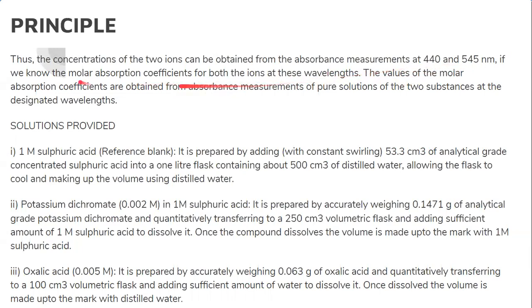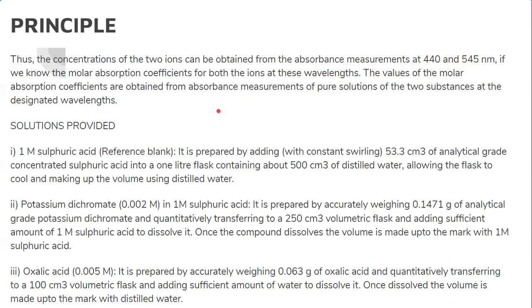Thereby we can find the molar coefficient of potassium dichromate at 440 and 545. At the same time, by using KMnO4 solution, we can find the molar coefficient of KMnO4 at 440 and 545. So we need to run the experiment using individual as well as mixture solutions, and find the absorbance at 440 and 545 nanometers. That is the important point.